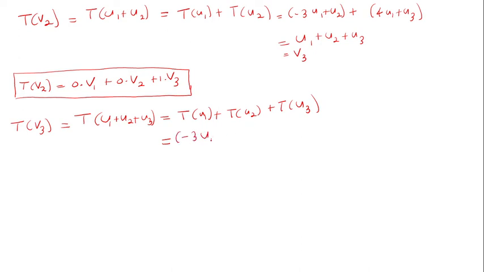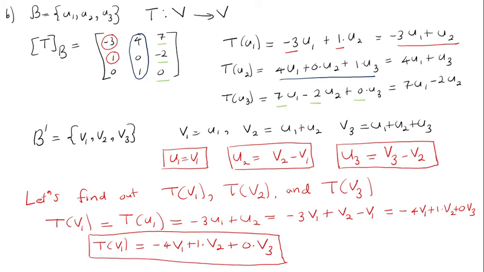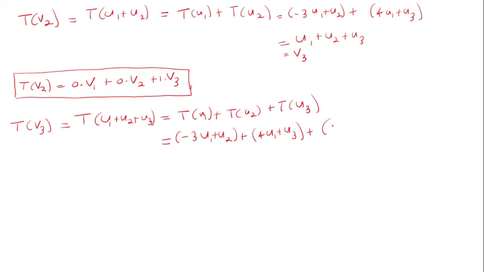TU1 is minus 3U1 plus U2, and TU2 is 4U1 plus U3, and I need to insert TU3. TU3 is 7U1 minus 2U2.